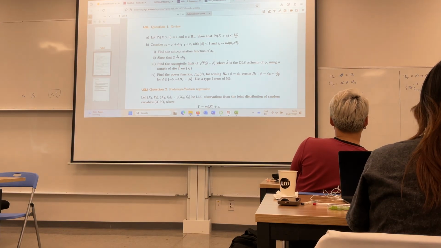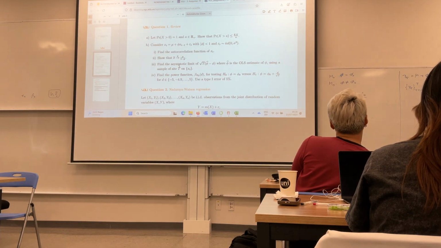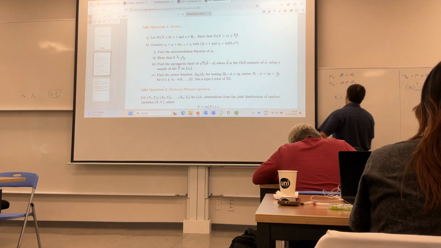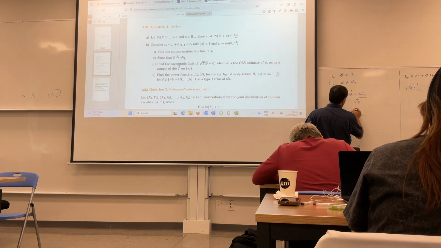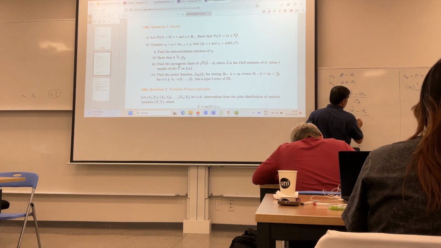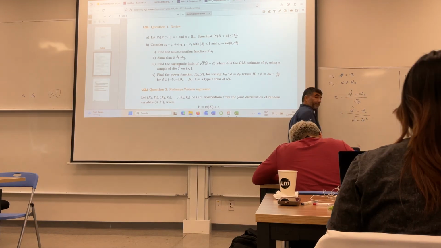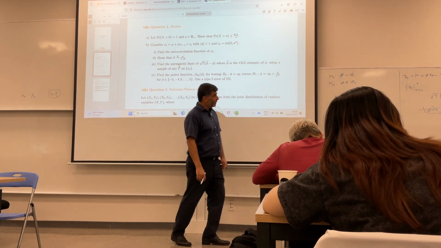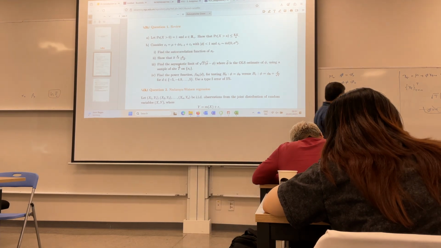In this case, the variance is 1 minus phi squared. So in this very simple setup, we have phi hat minus phi 0 under the null, divided by the square root of 1 minus phi hat squared, because we know the variance. But as I said, we don't care about the standard deviation.